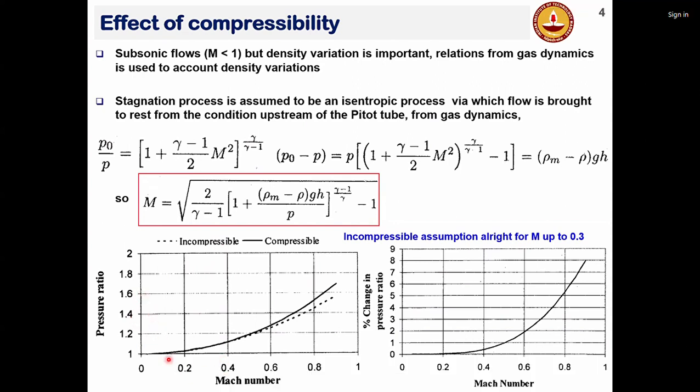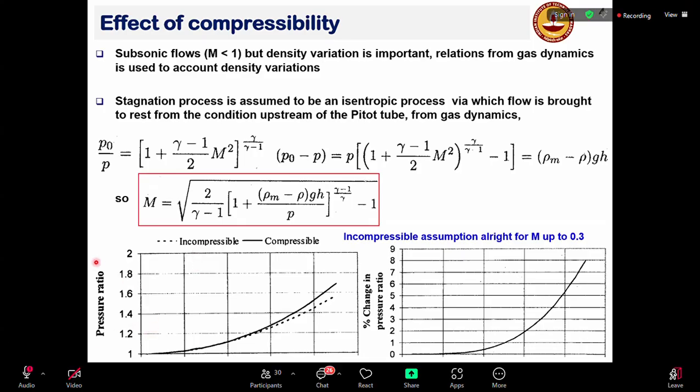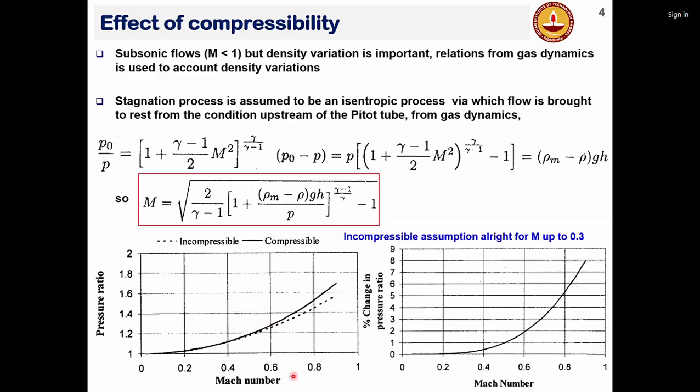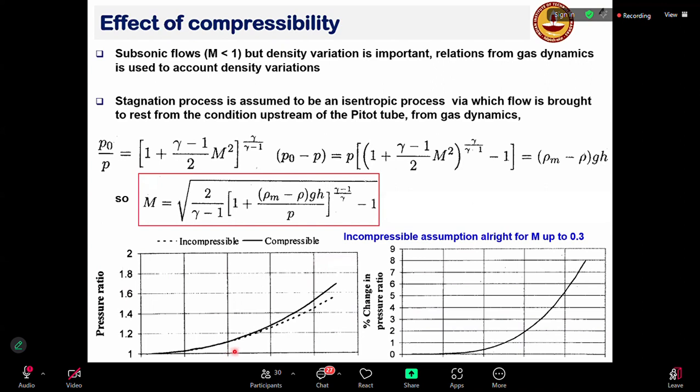And you can see that for both compressible and incompressible fluids, the pressure ratio values are identical until a Mach number of 0.3, above which the flow becomes compressible. So whether you use the compressible assumption or the incompressible assumption to find the velocity using a probe, you will have the same answer as long as Mach number is less than 0.3.